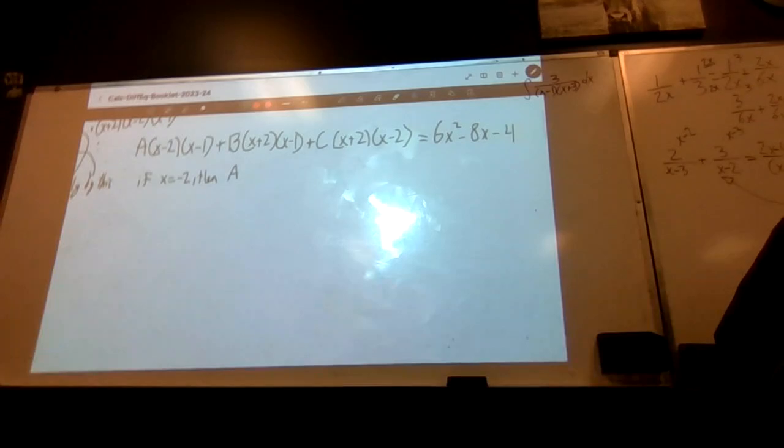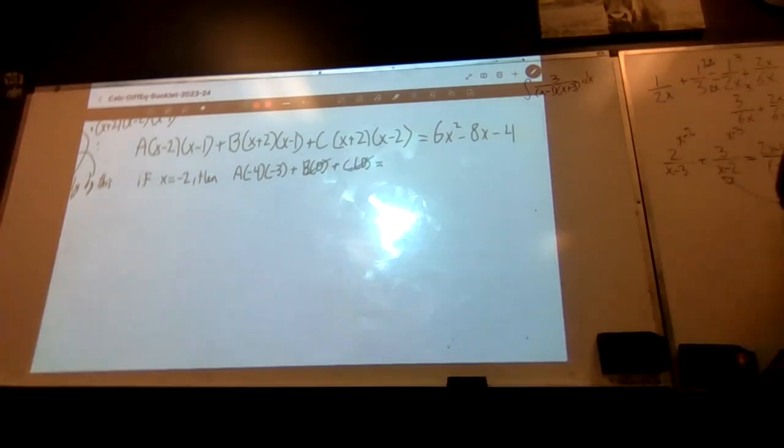So we get a times negative 4, because negative 2 minus 2, times negative 3, plus b times 0, which cancels, plus c times 0, which cancels, is equal to, and now I just need to input the negative 2 into the other side.